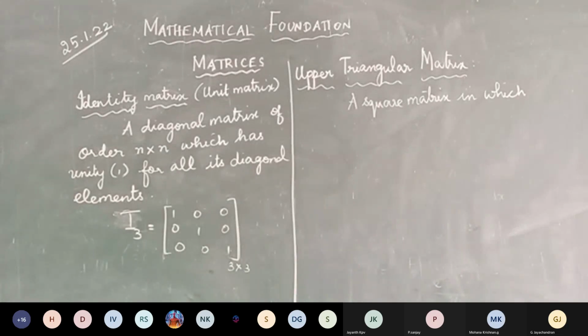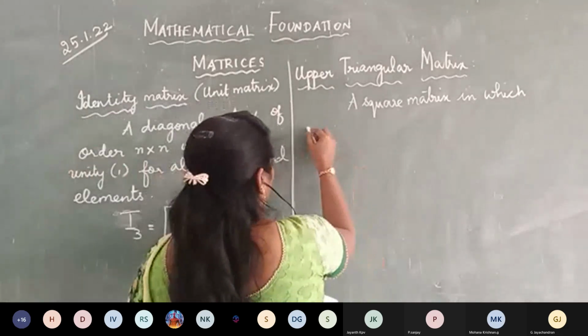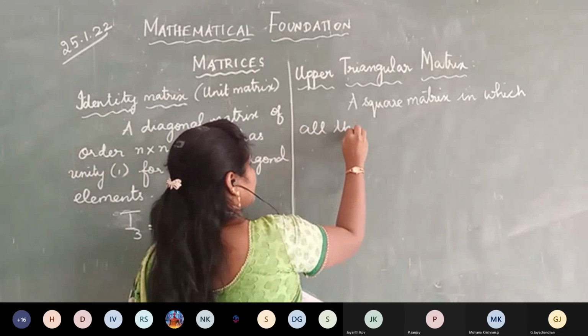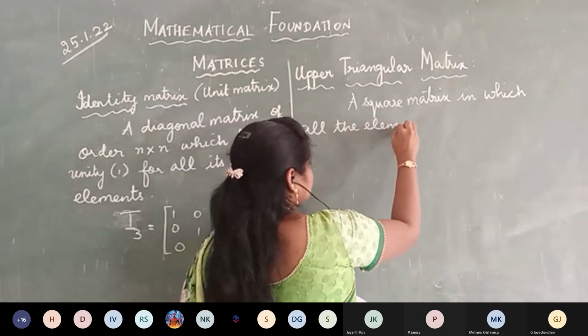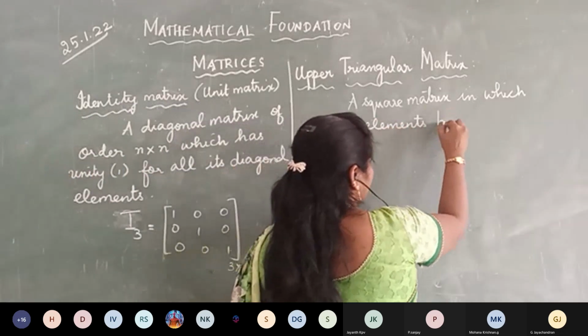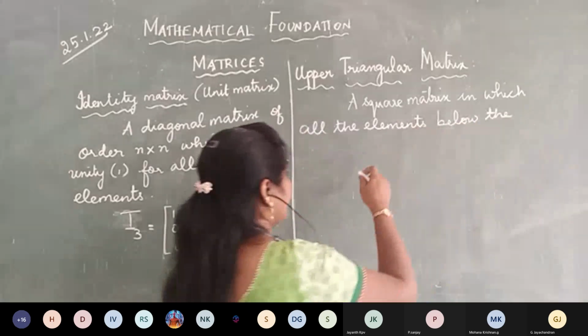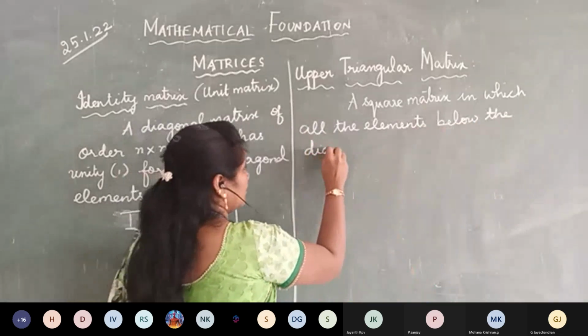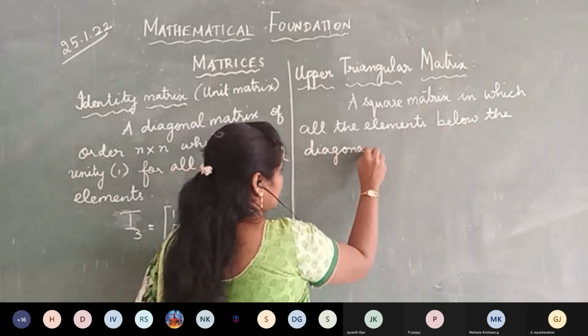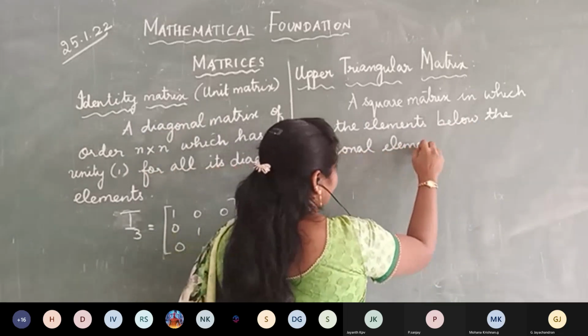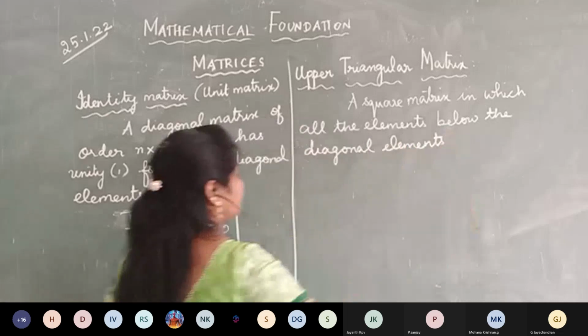In a square matrix in which all the elements below the diagonal elements are zero.